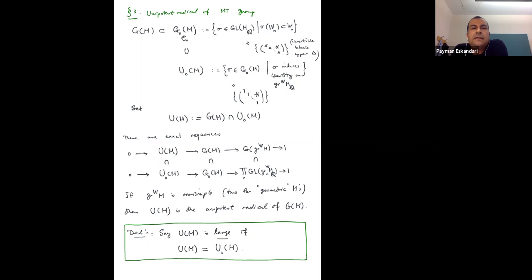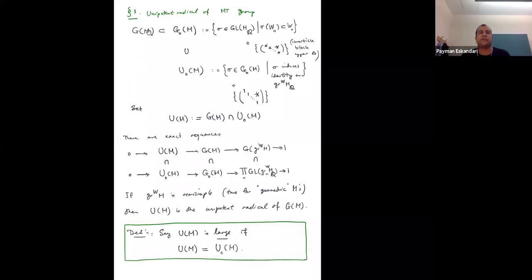Inside this, you have its unipotent radical, the unipotent radical of G naught. This is the set of elements of G naught that preserve the weight filtration and induce the identity on the associated graded. Thinking in terms of matrices, after we take suitable bases, this is block upper triangular with ones on the diagonal.